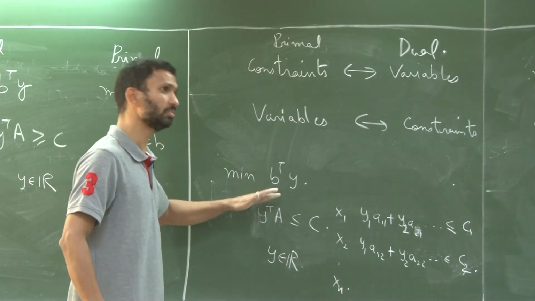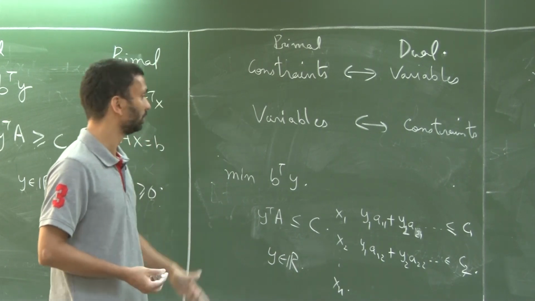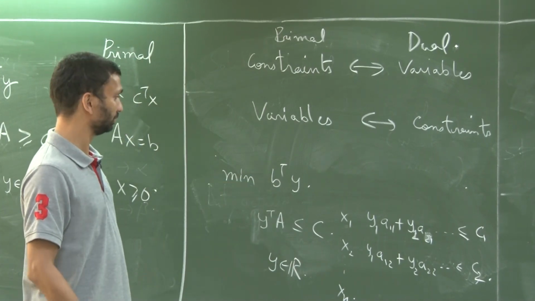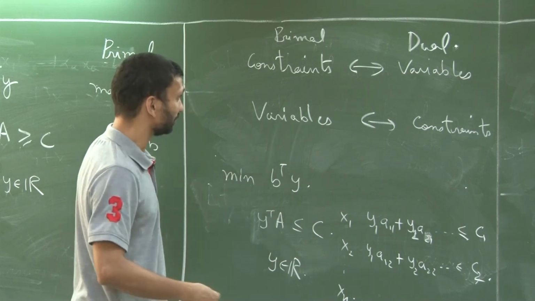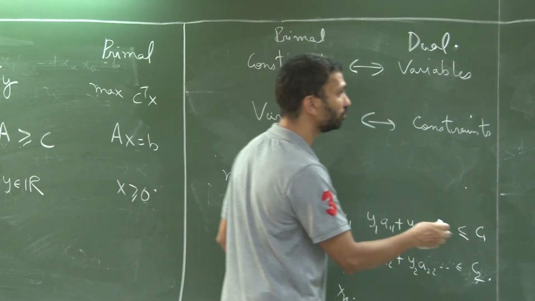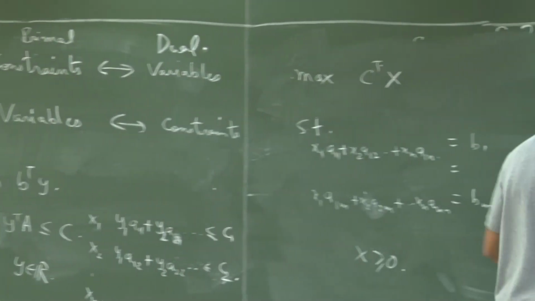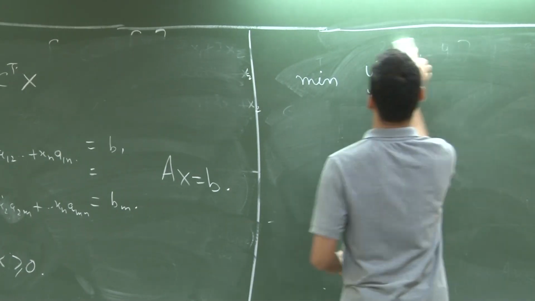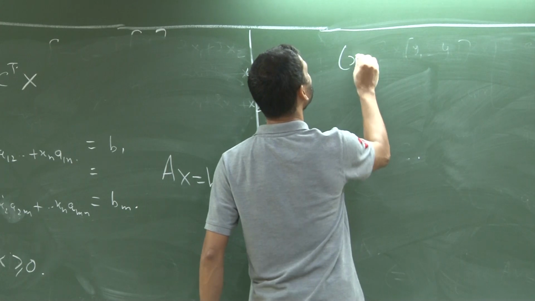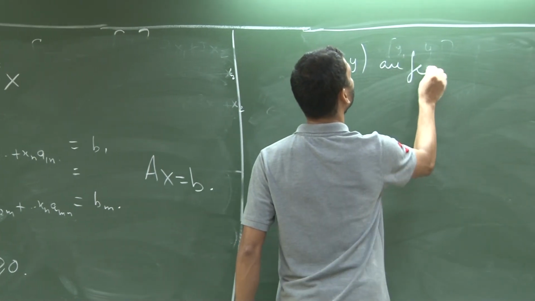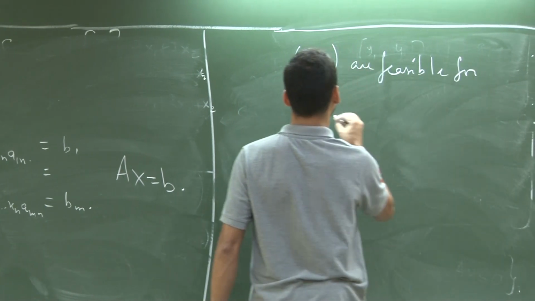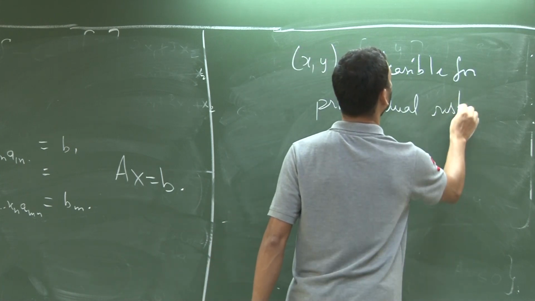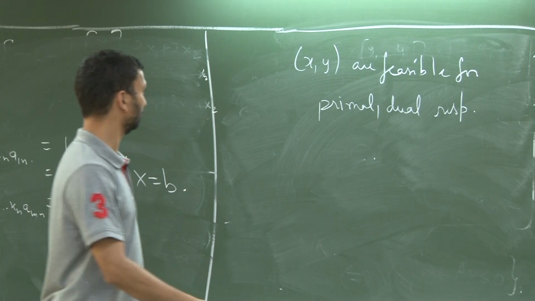Now this is a minimization problem. It's easy to give an upper bound, you want to give a lower bound. So how do we get a lower bound? The easy proof that it is an upper bound, lower bound or whatever is this chain of inequalities. Let's say x and y are feasible for the primal and dual respectively, right?